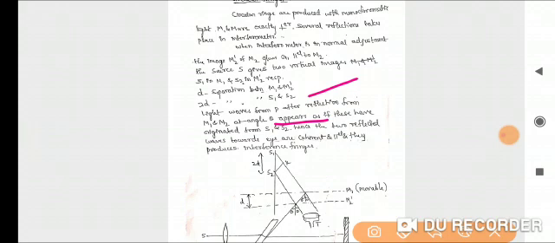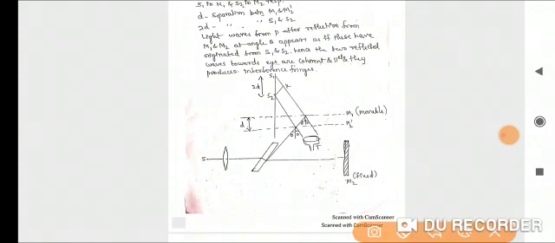Hence the two reflected waves towards I are coherent and parallel, and they produce the interference pattern. The separation between M2 dash and M1 is D, and the separation between S1 and S2 is 2D. Now we have to calculate the path difference of the rays coming from S1 and S2.